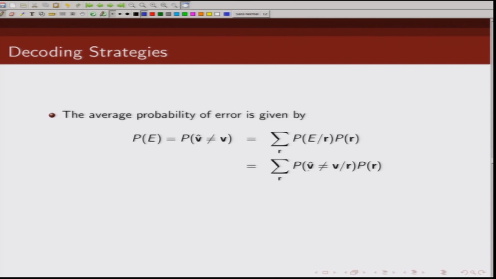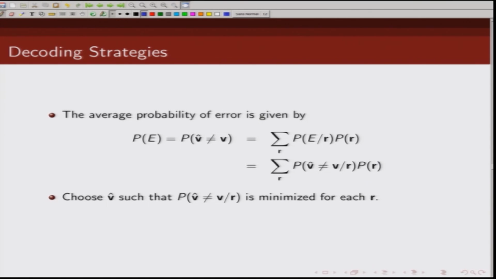And error is nothing but when V is not the same as V hat. So, I can write this equation in this particular form. If I want to minimize the probability of error, I will have to minimize this. So, my decoding rule should be such that this is minimized.